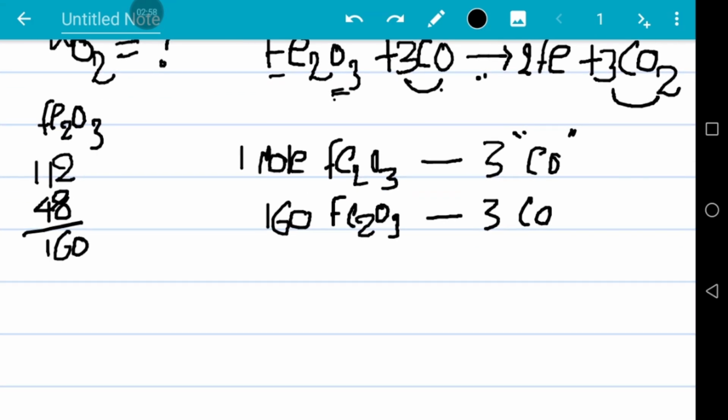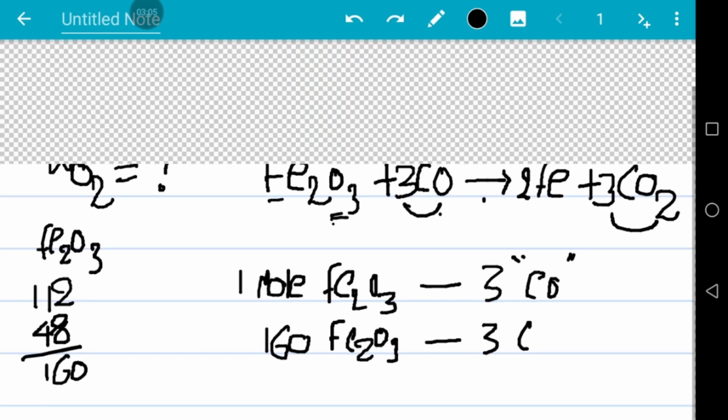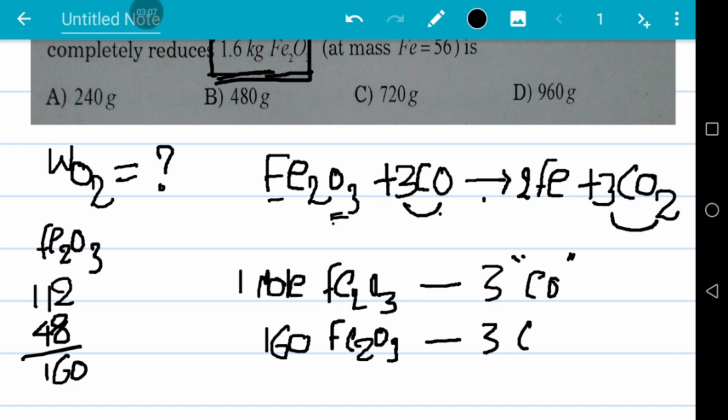Now, they have given the Fe2O3 weight. How much did they give? 1.6 kg. So 1.6 kg means how many grams? Multiply by 1000, then you will get 1600 grams of Fe2O3. It is reduced with how many moles of CO? We can calculate. Why?